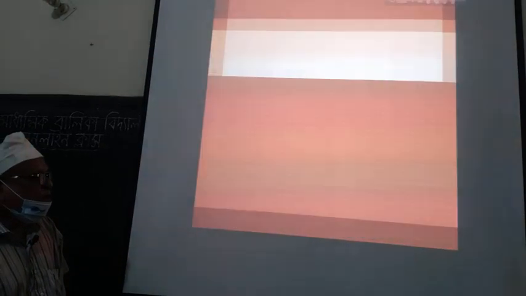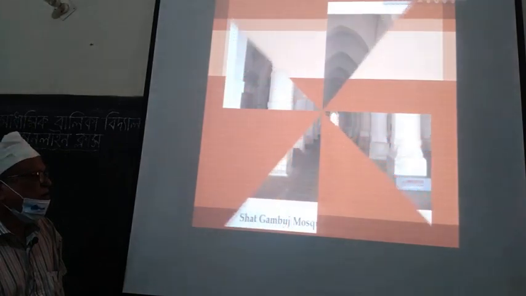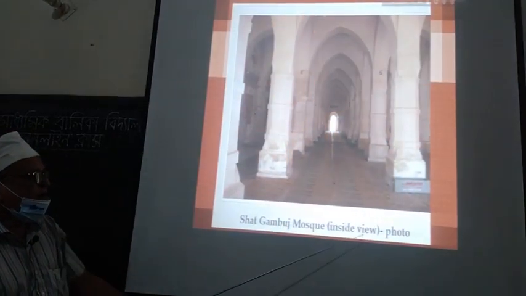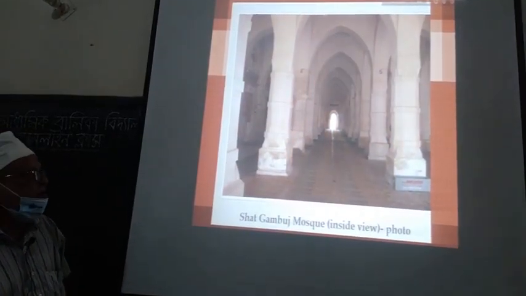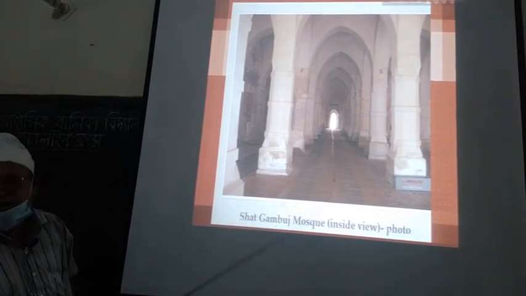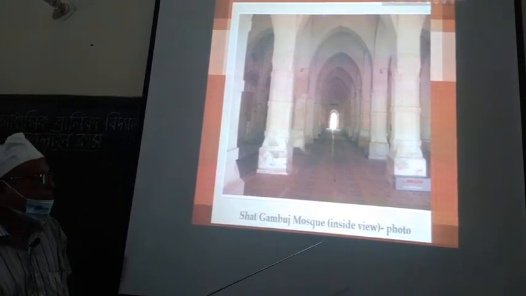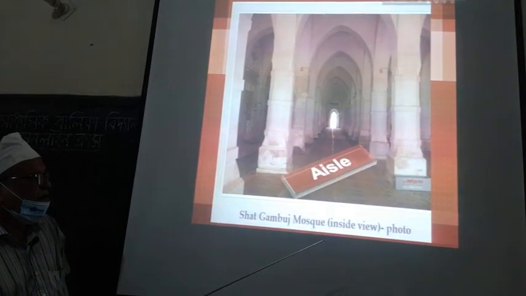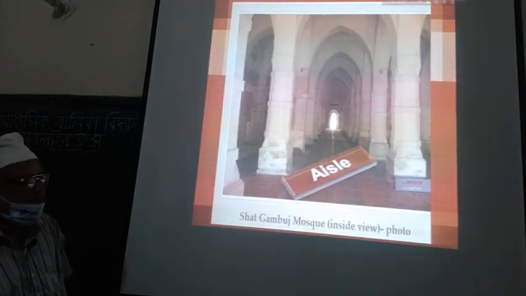From inside the mosque, Shat Gumbaz Mosque inside view photo. This is the corridor. This is called eyes.